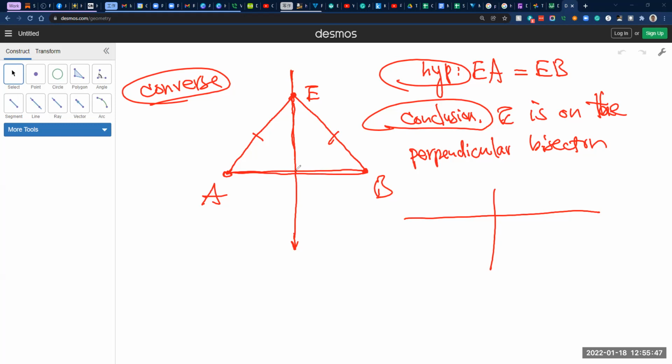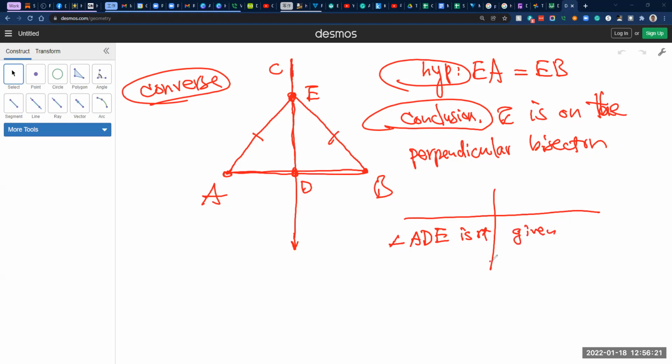Let's say the point here is D. Now this line we call CD. And we know that angle ADE is a right angle. That's basically our given.